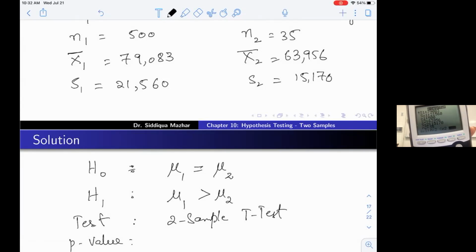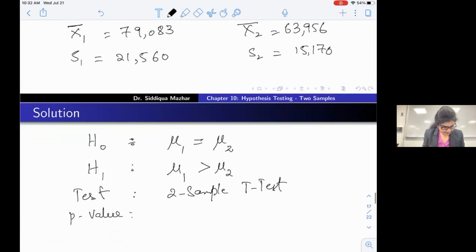I am writing it down on the calculator, and mu2 is less than mu1. This is why I'm writing it down. Mu1 is this thing, greater than as the alternative. Pooled is always no, unpooled we are choosing, and then calculate.